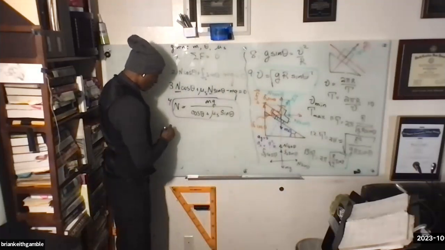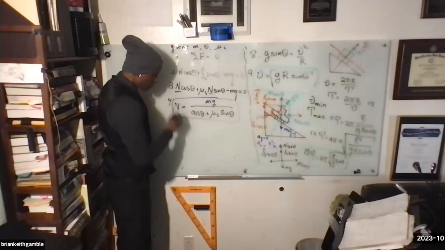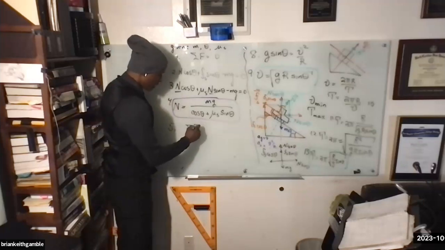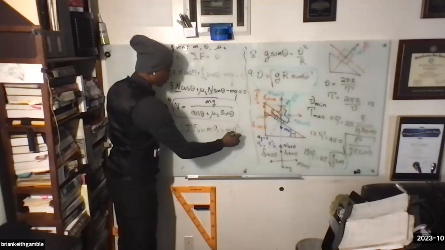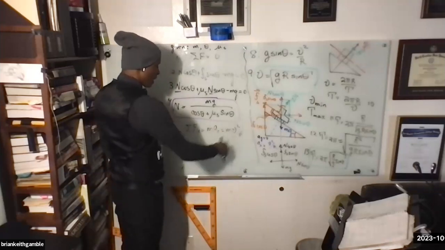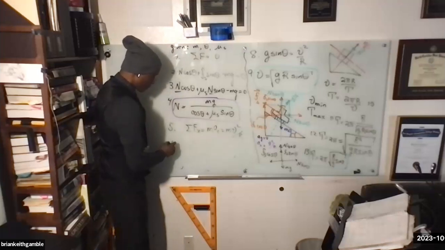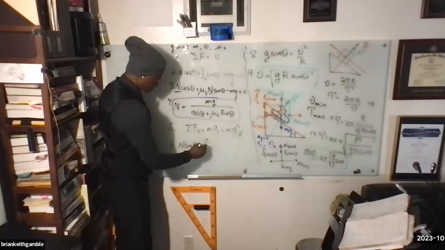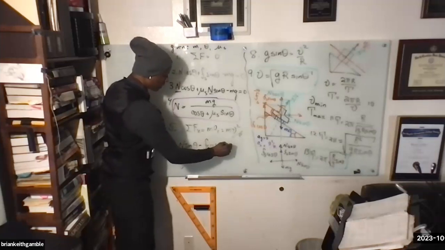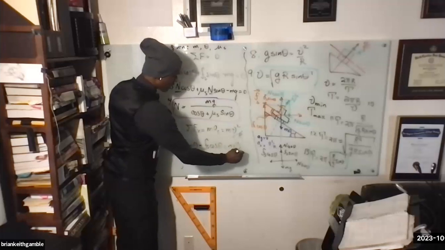And of course, we're then doing the second law. So the net force in the x direction is equal to m ac, which is equal to m v squared over r. Okay, the left side is going to be n sine theta minus fs cosine theta is equal to m v squared over r.